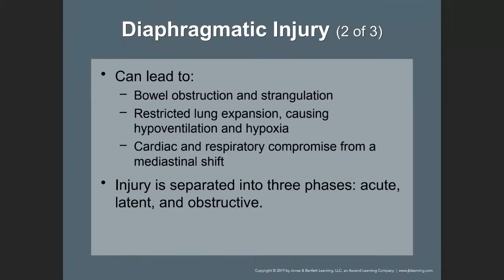Can lead to bowel obstruction and strangulation, restricted lung expansion causing hypoventilation and hypoxia, and cardiac and respiratory compromise from mediastinal shift. Injuries are separated in 3 phases: acute, latent, and obstructive.